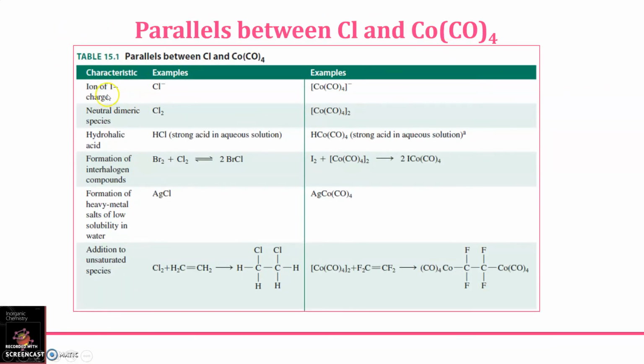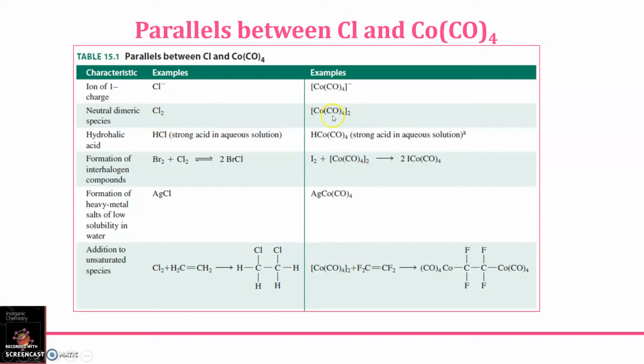Now let us consider some more comparison between chlorine and Co(CO)4. Now here the ionic charge in both the cases will be -1, because when it gains 1 electron, then it becomes an 8 electron species. Similarly, this Co(CO)4 being a 17 electron species, on gaining 1 electron, becomes an 18 electron species.